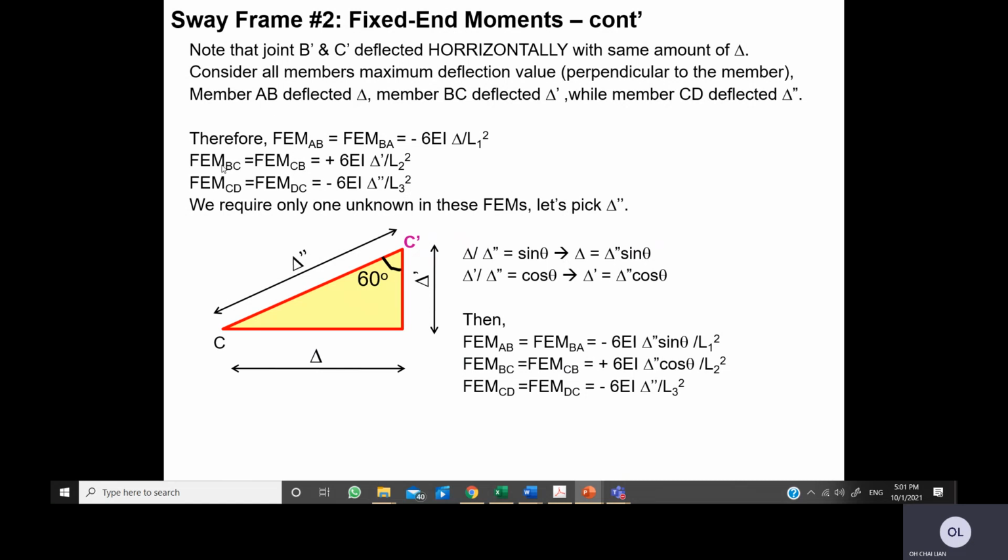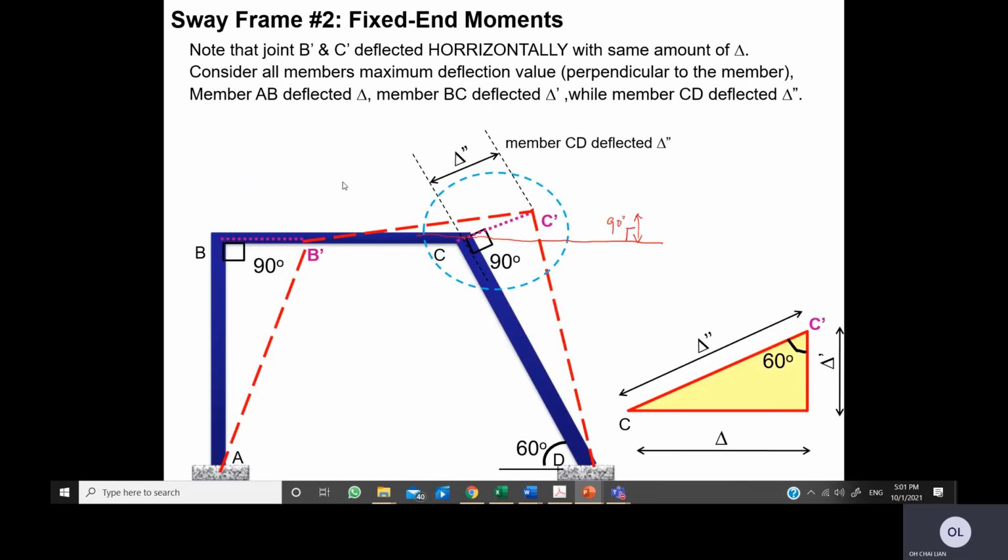Similarly, fixed moment BC equals CB, and we use delta prime in the equation because BC deflected delta prime. For CD, we substitute delta double prime in the equation. But now the question comes: how about negative and positive? So maybe let us move back to our previous figure.